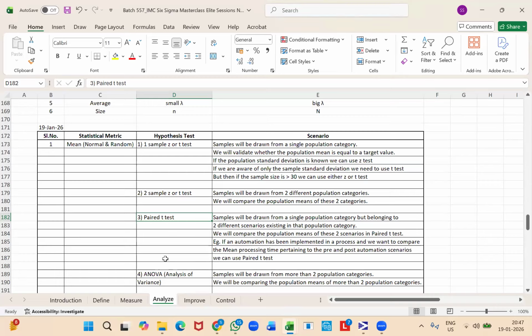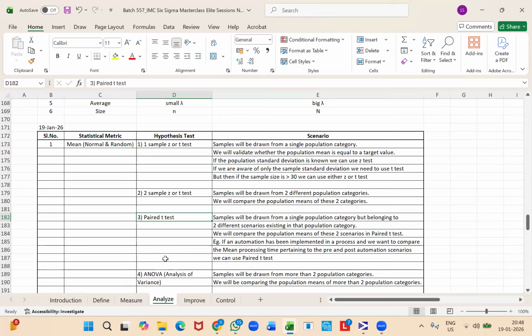Two sample mean test, as we just saw, can be applied when we want to compare the population means of two different population categories, like production center A and production center B, right? But the paired T test will be performed if you want to compare the population means of two different scenarios in a process. Say you've done some automation in your process and you want to validate whether the automation is successful or not.